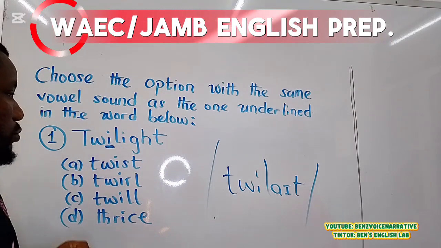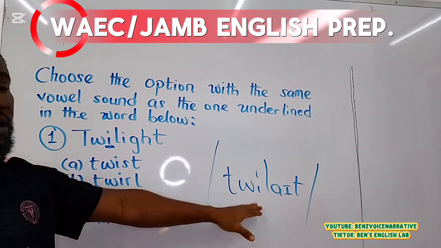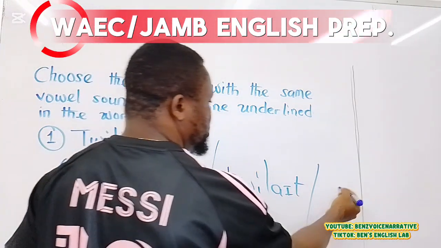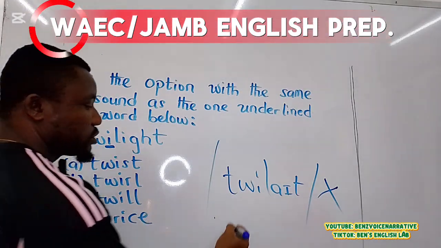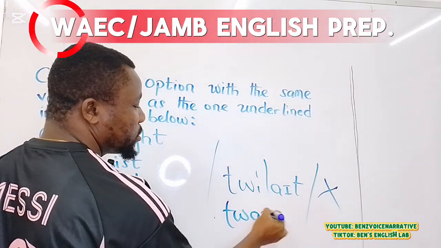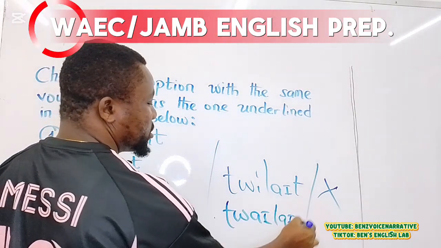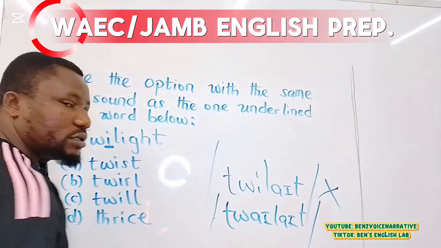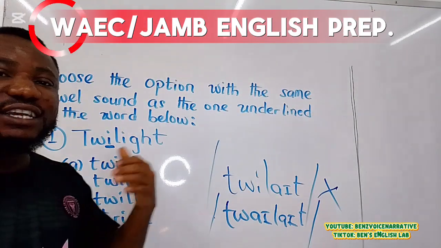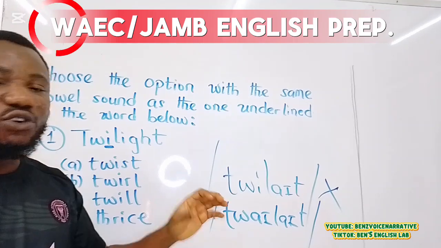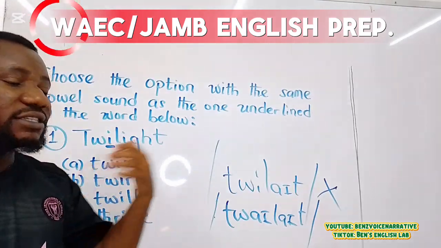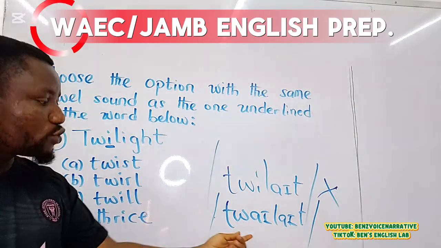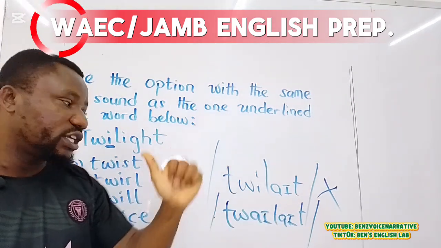So, how to pronounce this word? If you go for the wrong pronunciation and you're wrong, this word is not twilight, rather it is twilight. That footballer, Cristiano Ronaldo, is tending toward the twilight of his career. That player, the footballer, Lionel Messi, is tending toward the twilight of his footballing career.